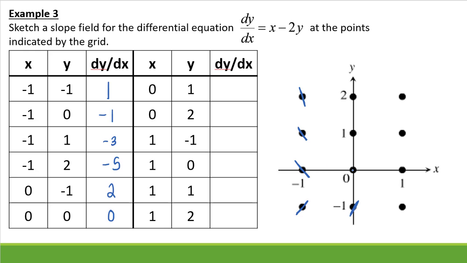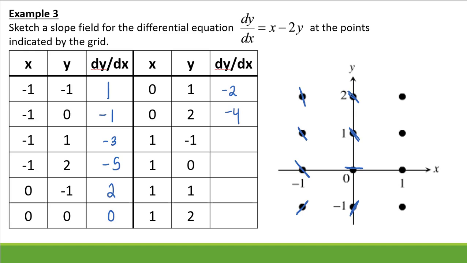Then at (0, 1), I have -2, approximating. And at (0, 2), -4, so not as steep as my -5 slope, somewhere in between those. I'll talk about how I'm going to grade these in a minute.